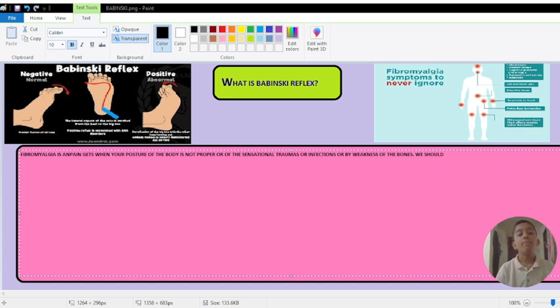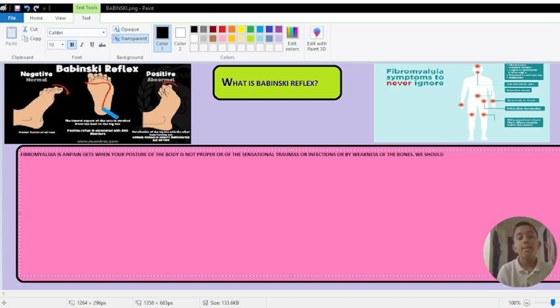When nerves get killed by multiple sclerosis, your hands will get fibromyalgia. You can't define what is going on in your central nervous system, so for that we use the Babinski reflex.